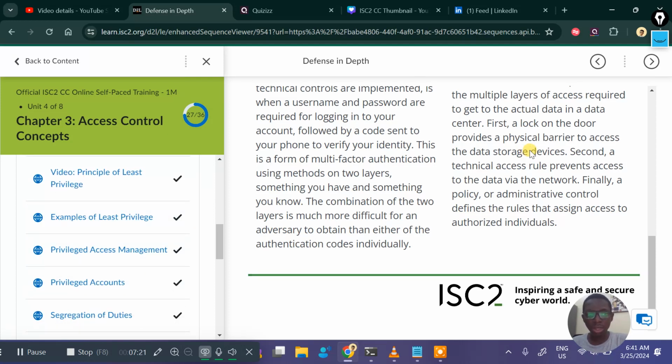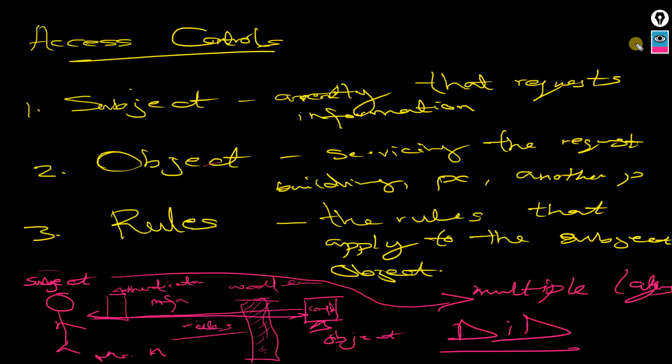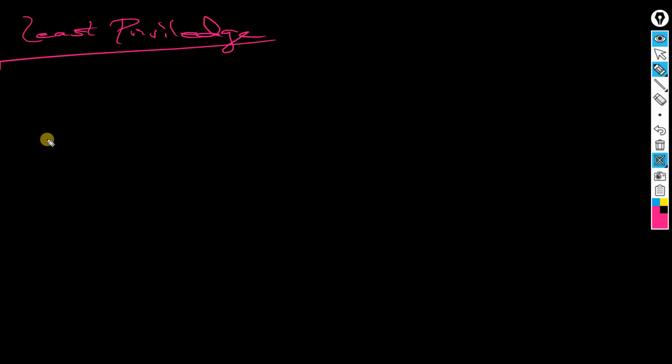And now we're talking about least privilege. I'm going to need to explain this a little bit so that it becomes more understandable. So for least privilege, right? Least privilege comes into play when a user, or rather a subject, tries to access information.